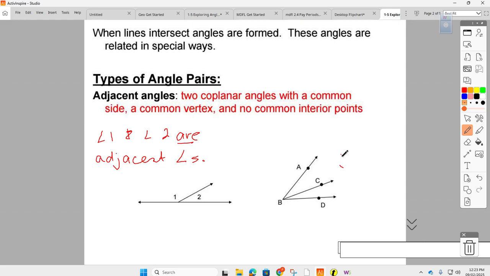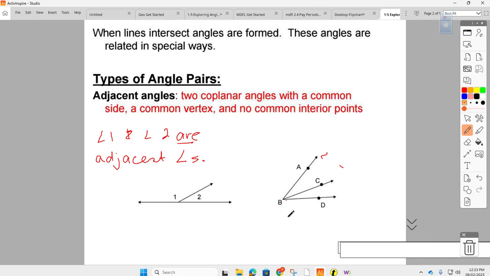So this one, ABC, right? This one, CBD, and then what's the last one, Ashley? I said ABC, CBD. What's the third one? Yeah, ABD. So basically the big one split into 2, kind of, if you think about it, or 2 stuck together, however you want to think about it. There's 3 angles there, right?